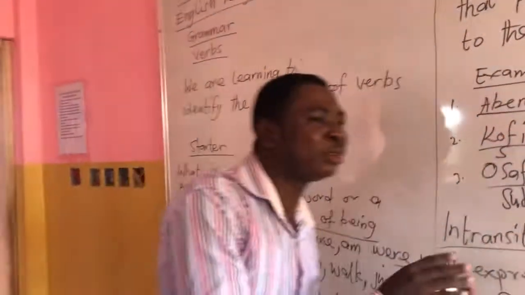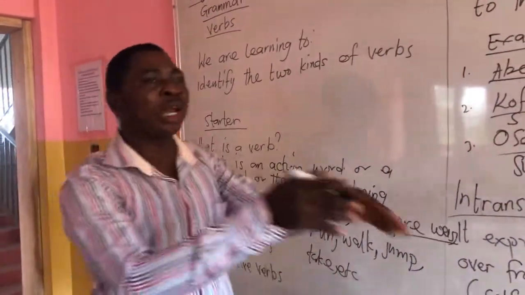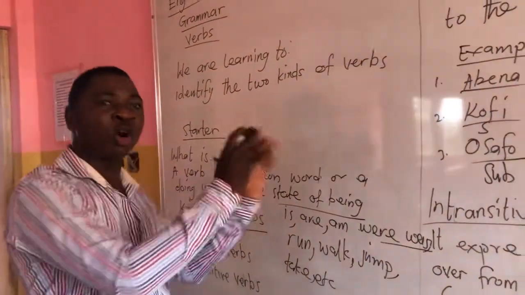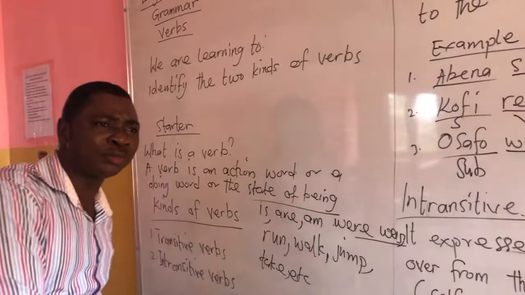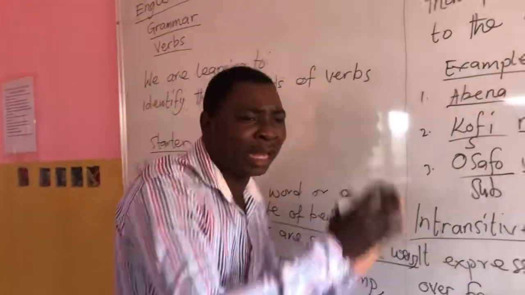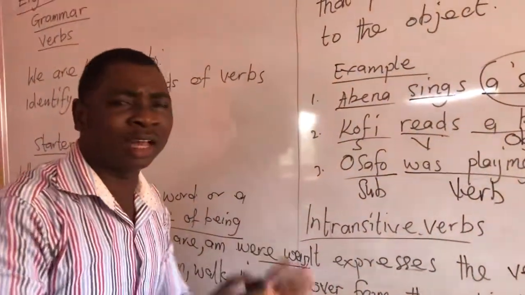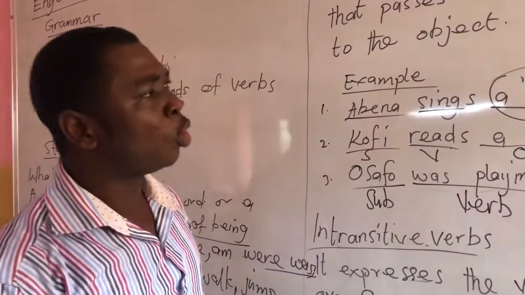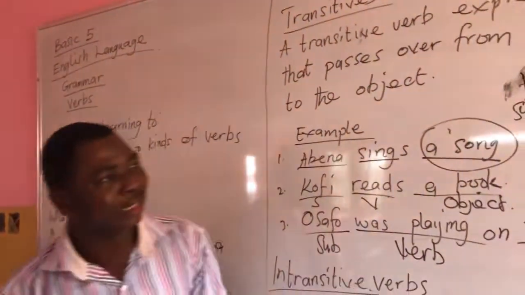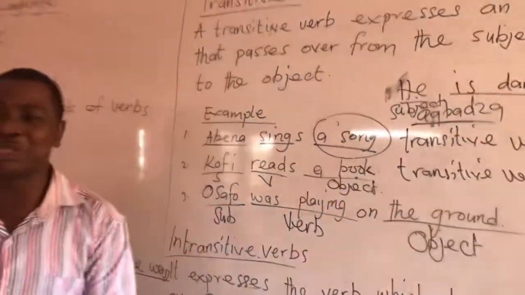Transitive verbs transit the verb from the subject to an object. But with intransitive verbs, the subject performs an action, all right, but the action does not happen to anything. So I want you to study it carefully, and when you do, you will understand the two kinds of verbs.